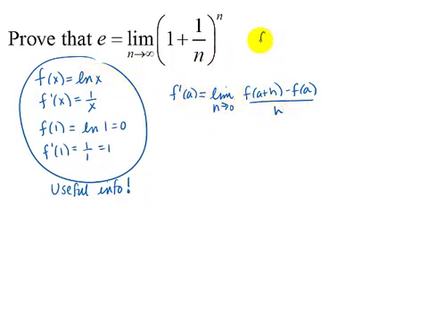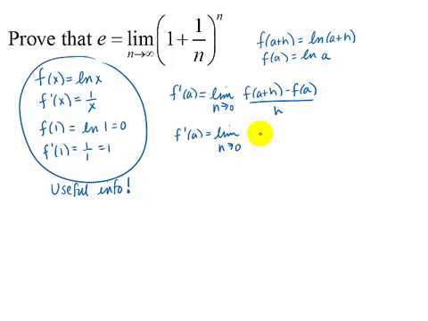So f of a plus h is going to equal the natural log of a plus h. f of a is going to equal the natural log of a. So when I do this piece, I've got f prime of a equals the limit as h approaches 0 of all of that.